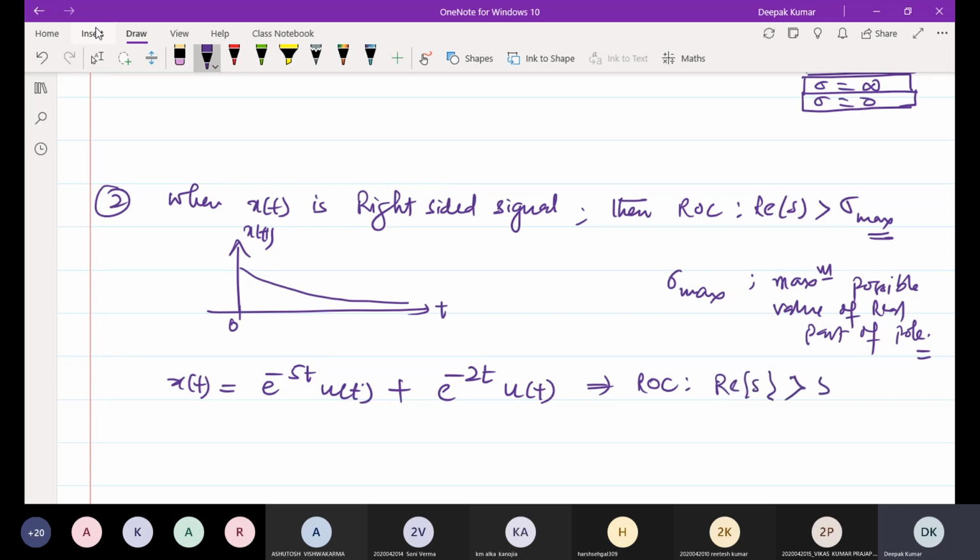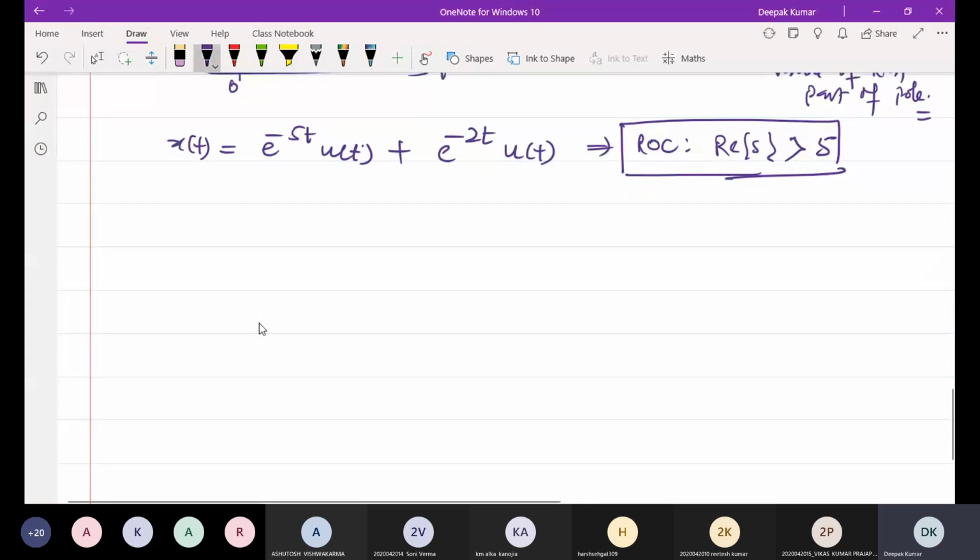greater than 5. Like this, you can find it in a simple way; a shortcut method you can also apply.